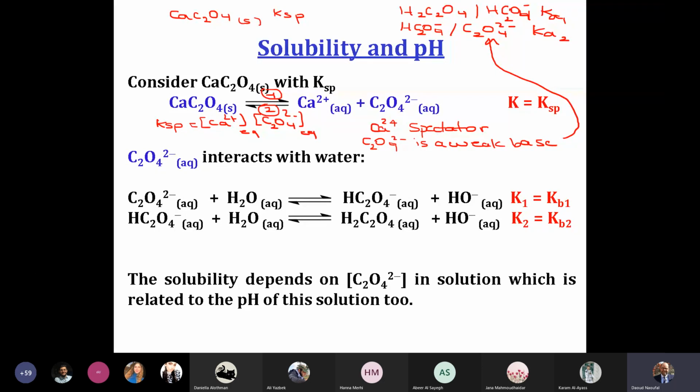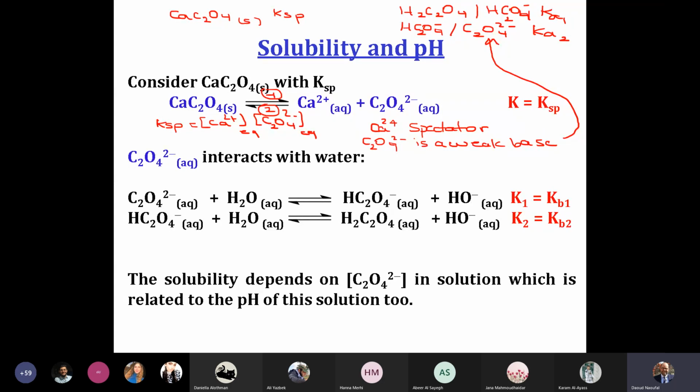In the previous example, we have AgCl that dissociates to Ag+ and Cl-. Ag+ is a spectator ion, it does not interact with water. Cl- is a spectator ion, it does not interact with water. So the dissolution of AgCl is not affected by the pH of the solution. In the case of CaC2O4, one of the ions, C2O4 2-, appears in a couple acid base, so it will interact with water, or it will interact if you add H+ or OH-.